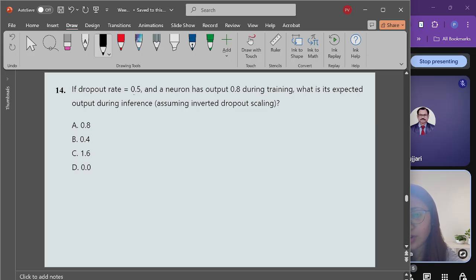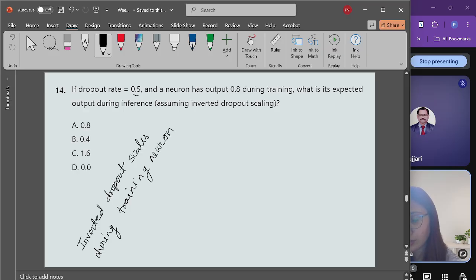Inverted dropout scales the neuron output during training. The dropout rate, that means the probability, is given. So what will be our scaled output?